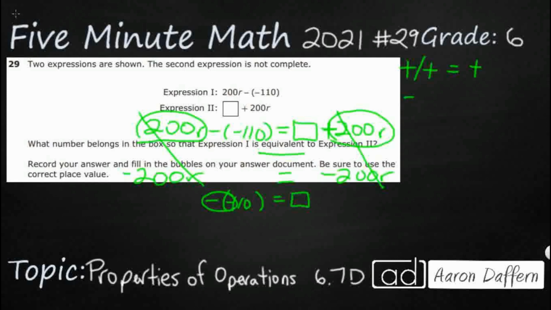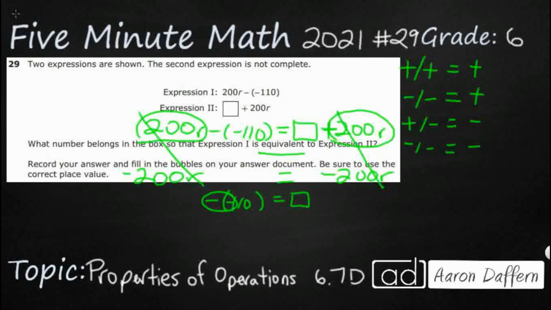If you have a negative and a negative, those two actually cancel each other out. So if you're going to minus negative 2, or in this case minus negative 110, they actually cancel each other out, and they become positive. If you have a positive and negative, or a negative and a positive, these are the ones that are opposites, and they become negative.